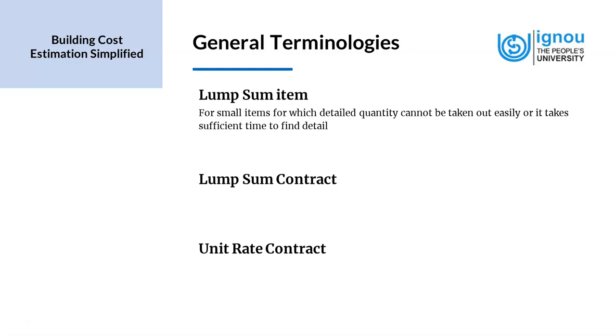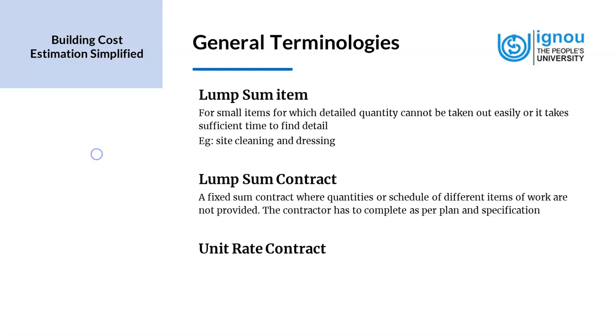And this is usually for small items for which detailed quantity cannot be taken out easily, or it takes sufficient time to find detail. Example, site planing and dressing. So in these items, we only use the term lump sum to represent them.